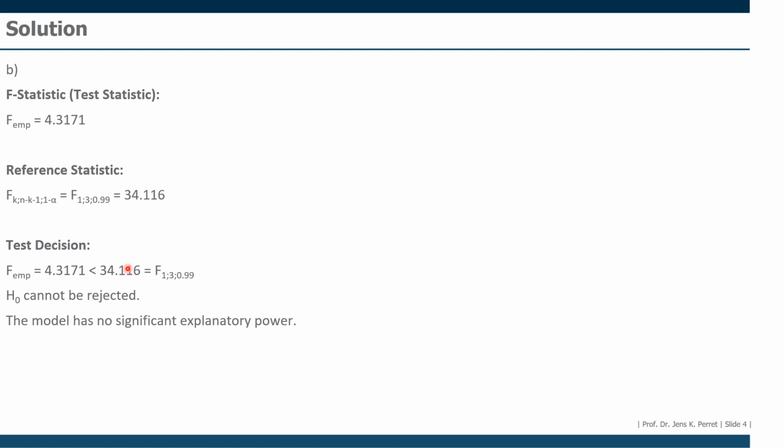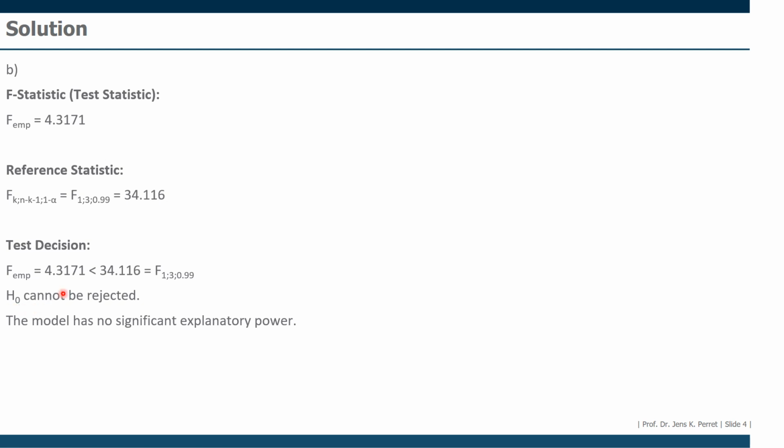As I said before, if we decrease the error margin, this always means the test becomes stricter, and this is displayed by a larger reference statistic. So if the test is not significant with 5%, H0 cannot be rejected with 5% error margin, it will always also not be able to be rejected at a 1% error margin.